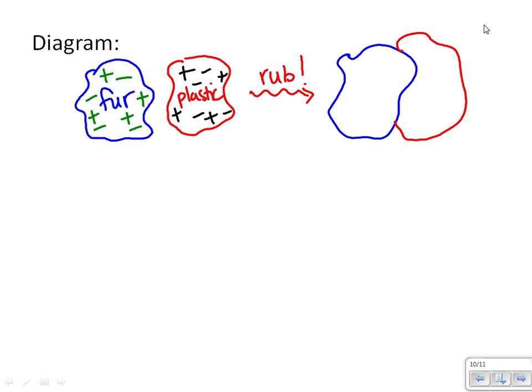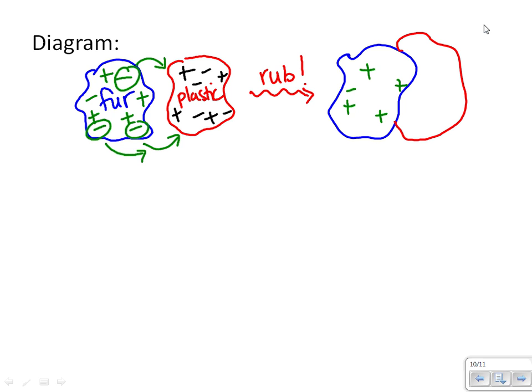So that means that these electrons are going to get transferred to the plastic. So if I draw in my protons, okay, the fur might keep 1 electron, but the other 3 will move over to the plastic, okay?